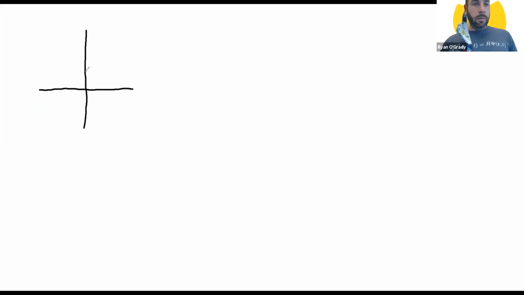Here's the point we're trying to make. The function f of x equals e to the x has a graph that looks like this. And then the line 1 plus x, its tangent looks like this.